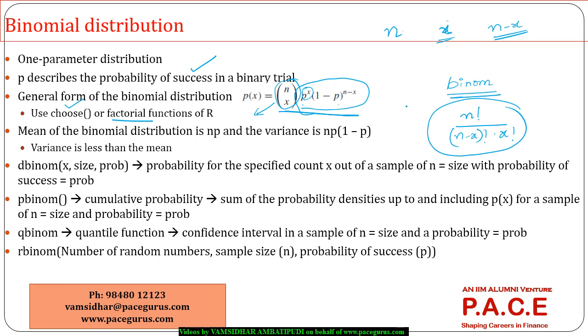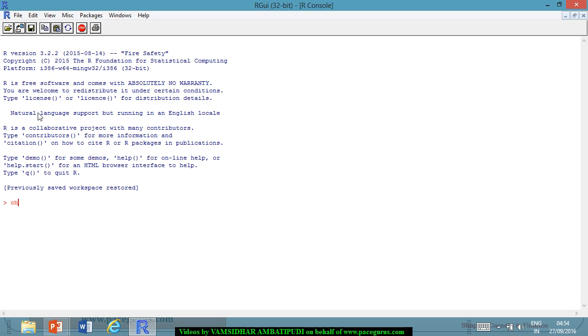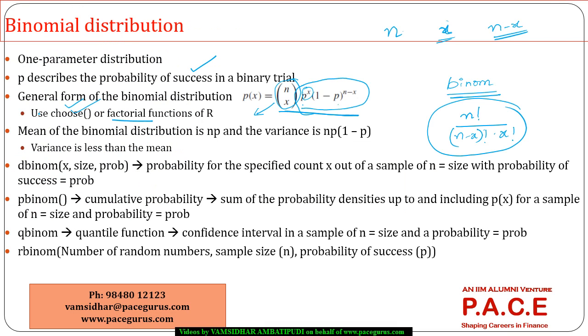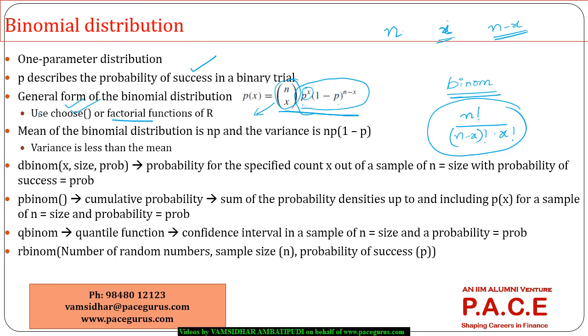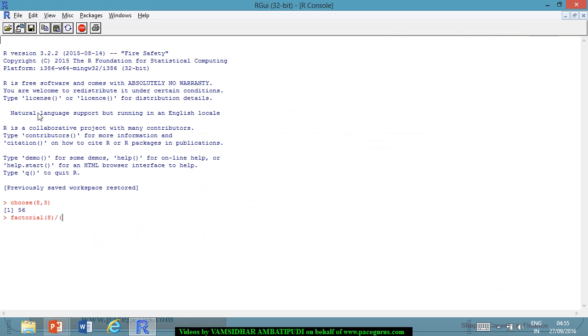So either I can use the factorial function directly, or I can use choose. Choose can also give me, let's say if I want 8C3, I can say choose 8 comma 3, which will give me 8C3 as 56, which is as good as saying factorial of 8 divided by (8 minus 3) factorial, which is 5 factorial into 3 factorial.